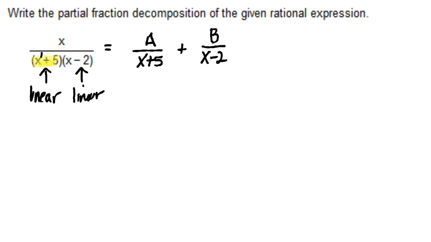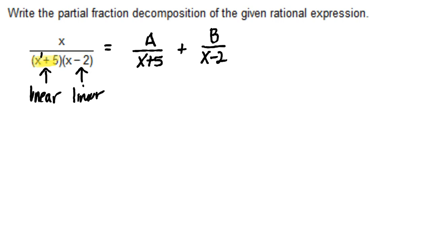Both factors in the denominator are linear, and they each get their own fraction with a constant in the numerator. I use the letters A and B for those constants. You can use other letters as well, you just want to make sure they're different, since those numerators can be different.